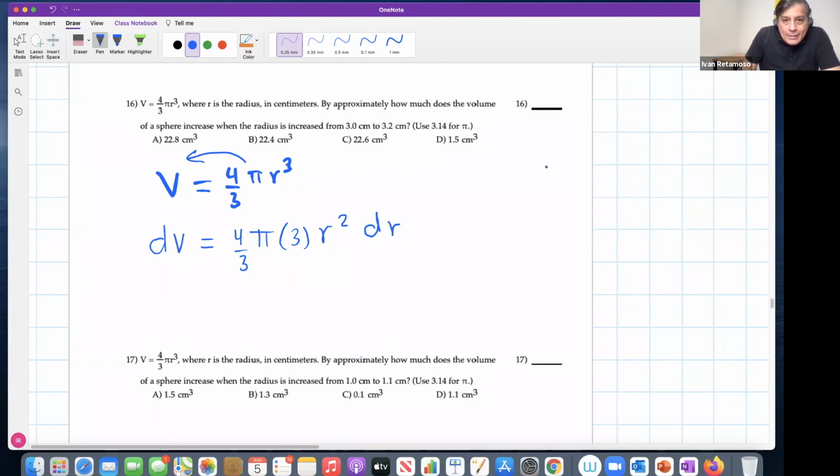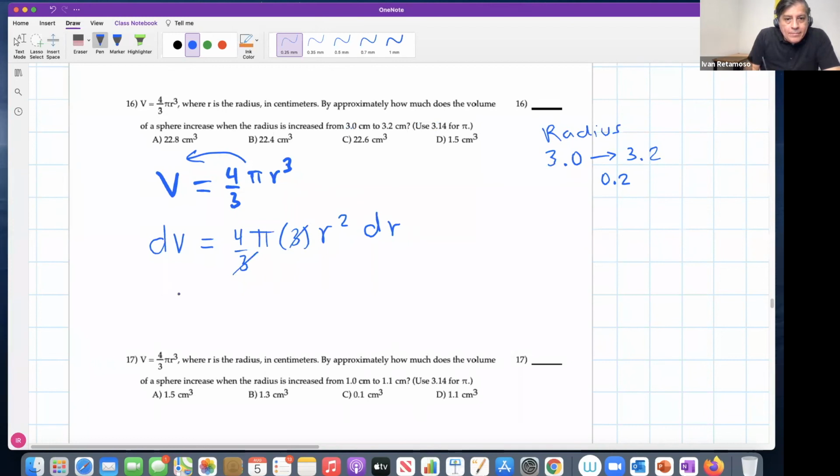It makes sense to use this because the radius went from 3 to 3.2. What's that difference? It's 0.2, which is small compared with the original radius, 3. So that's why it's a good idea to use this.